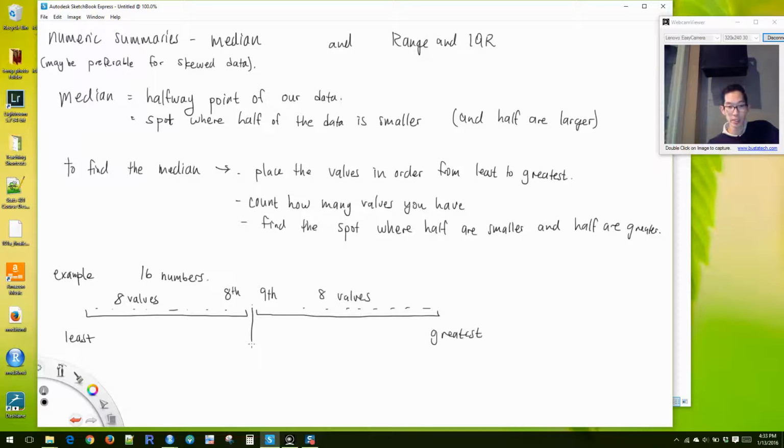And so your median is the spot in between, halfway between these two values. So you just average the middle two numbers.